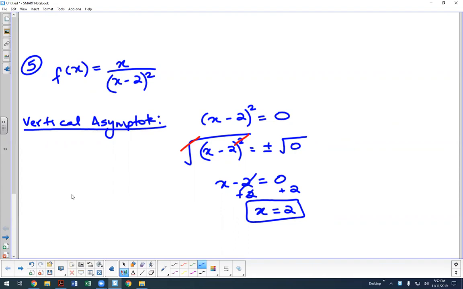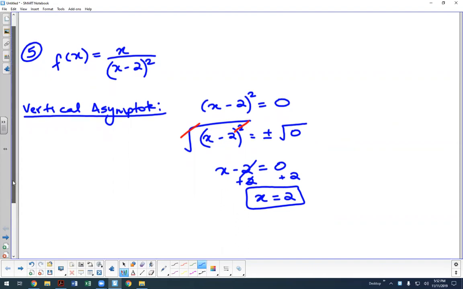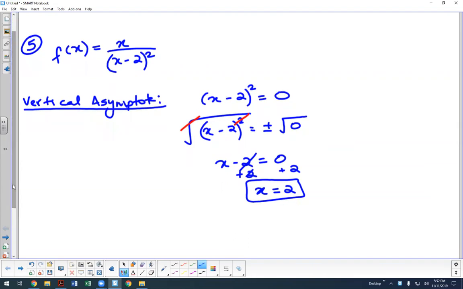Okay, once we do the vertical one, now we have to decide, will we have a horizontal asymptote or an oblique asymptote? And how do we know which one we will have? Remember, it depends on the degree of your x value. If the degree of the x is less in the numerator than the degree of the denominator, you're going to have a horizontal asymptote.